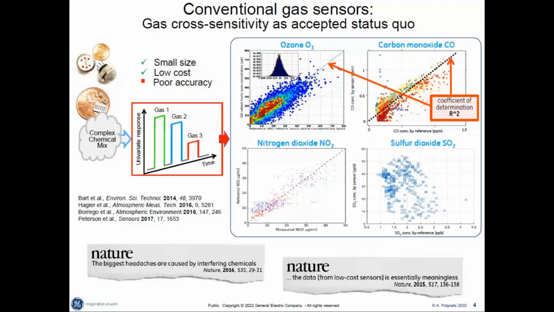Because they are designed as a single output device, so they will equally well respond to more than one gas because they need to be reversible. So the interaction forces between the gas and the sensing material are not as strong as for the dosimeter. And that's why you can see some of the confessions in Nature and other publications that, well, be careful. That's what they say.